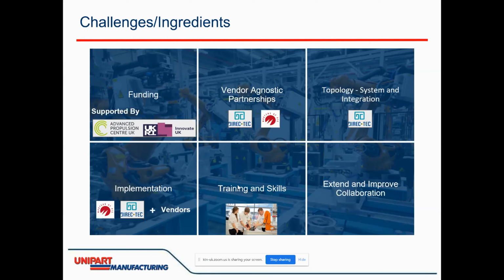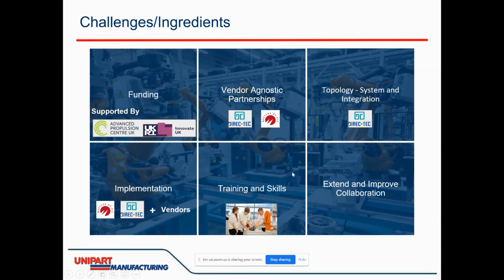Then once you understand exactly what the integration means to your supply chain and customers, you can go out and become more specific in your system topology, and say what those ingredients are and which specific vendors you need to work with. Once you have defined that, implementation becomes easy. You have the funding, you have identified the vendor agnostic topology, you have the vendor specific topology included, and now you're going into the implementation with vendors.